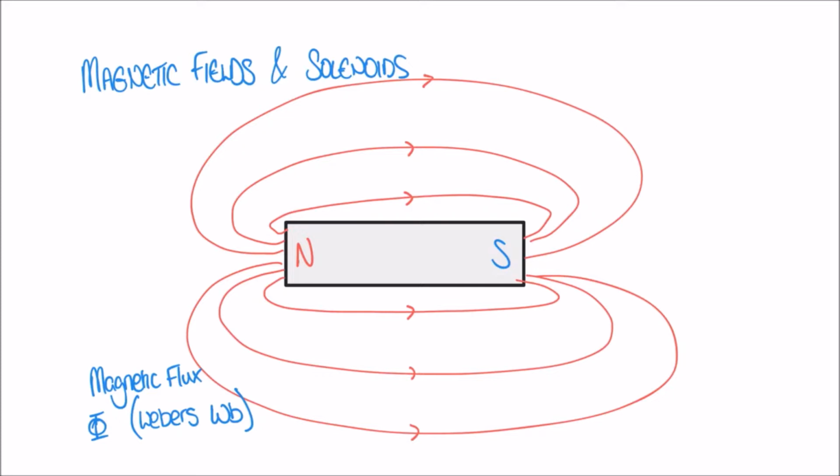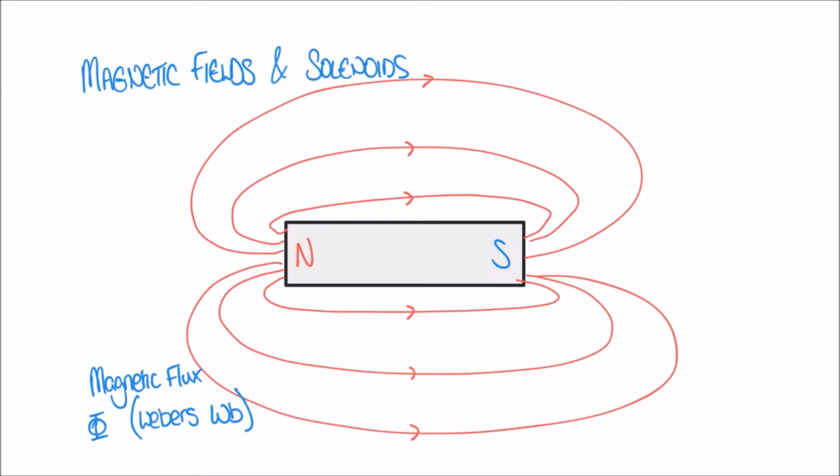The next thing to think about on our diagram is area, because we've mentioned that there are some areas of our diagram, for instance, when we're far away from the magnet, where the field lines are quite sparse, whereas there are some areas on the diagram where the field lines are quite compact, and that obviously has some kind of implication on the strength of the magnetic field. And so I want to try and represent area on this diagram.